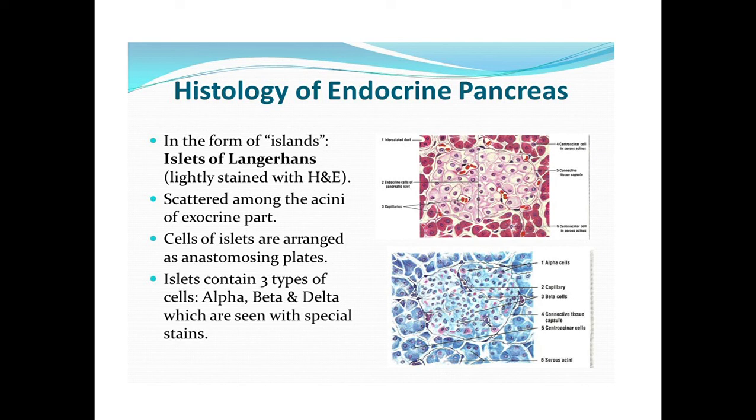So we can differentiate under the microscope just by the color of the cells. The cells of the islets are arranged as anastomosing plates, and the islets contain three types of cells: alpha, beta, and delta cells, which are seen with special stains.